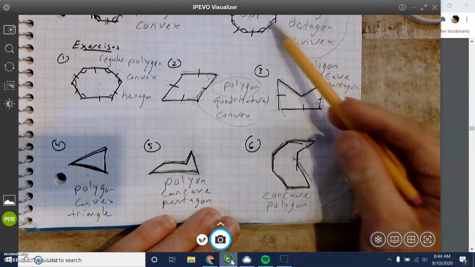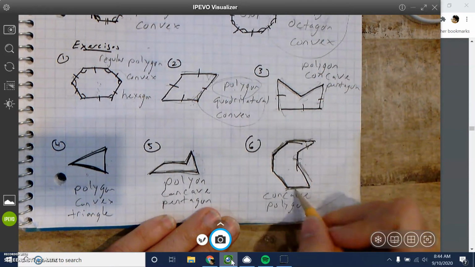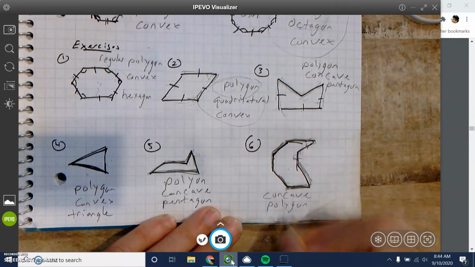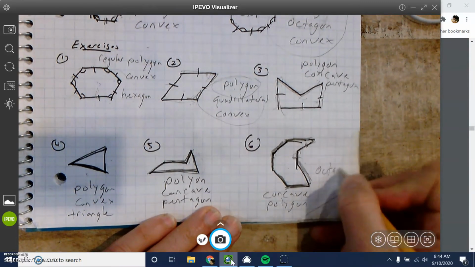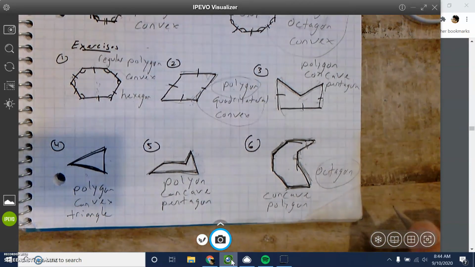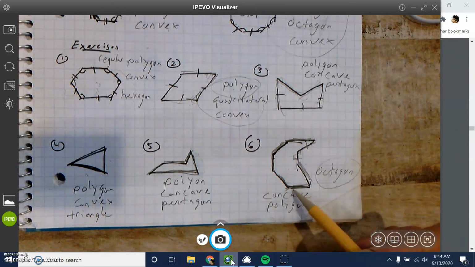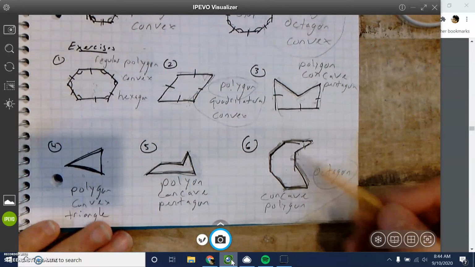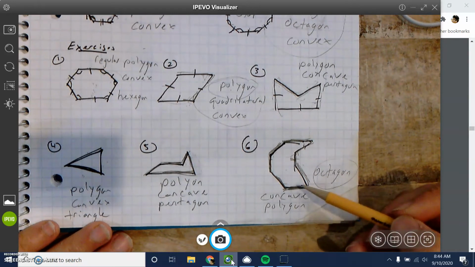So even though it doesn't look like a stop sign, it does have 8 sides. So this also is an octagon. As long as it has 8 sides, it's called an octagon. It doesn't matter how it looks necessarily. So a regular octagon looks like a stop sign. This octagon looks like a crescent moon or something.